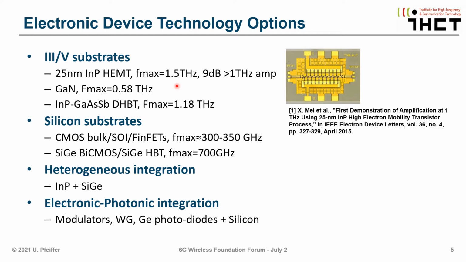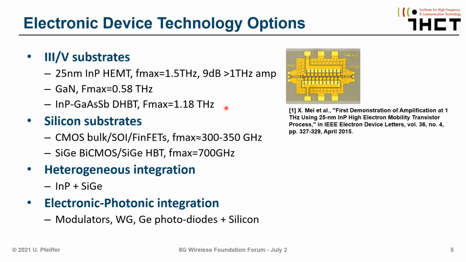And we have seen amplifiers above 1 terahertz even showing a gain of 9 dB. Now, there are other technology options like gallium nitride available, and indium phosphide double HBT devices with even 1.18 terahertz Fmax.